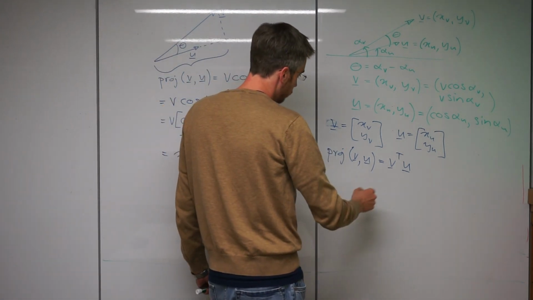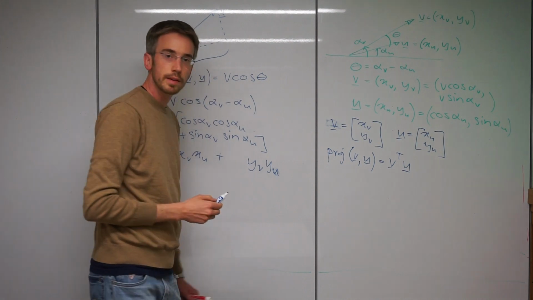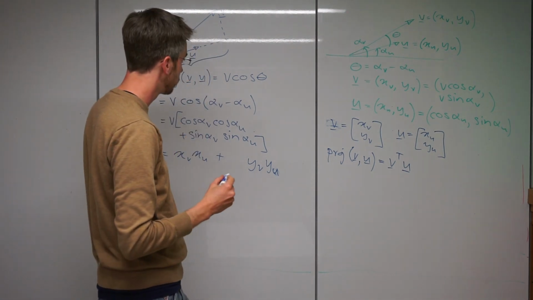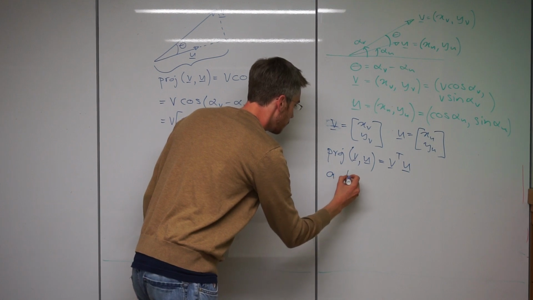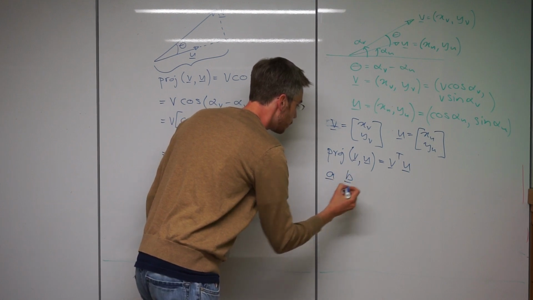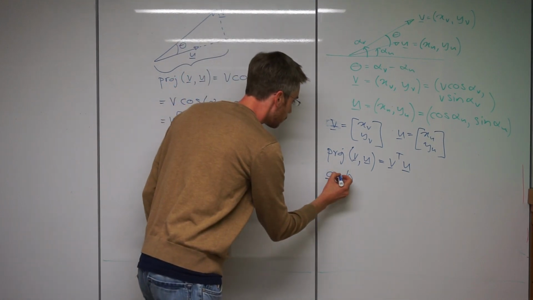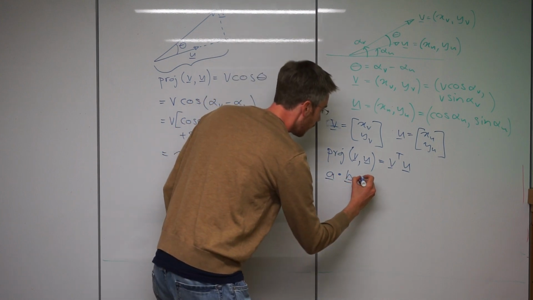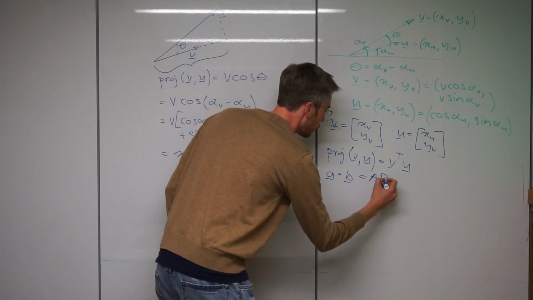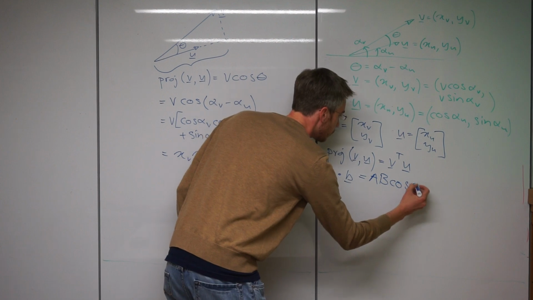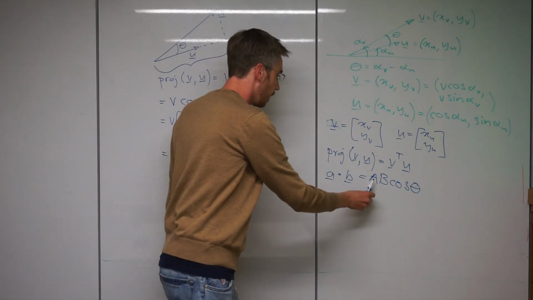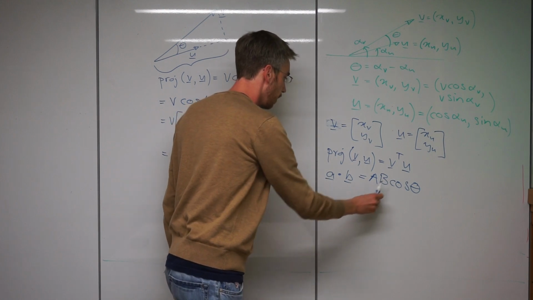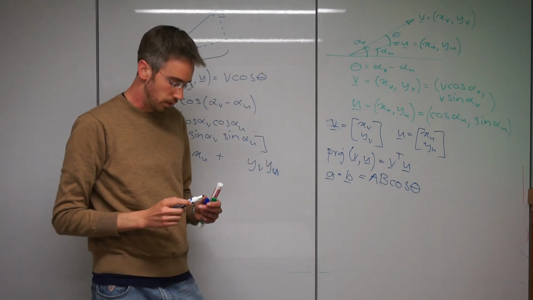In general, we define this operator as the dot product. So for any arbitrary vectors a and b, we define the dot product a dot b as the magnitude of a times the magnitude of b times cos theta, where theta is the angle between them.